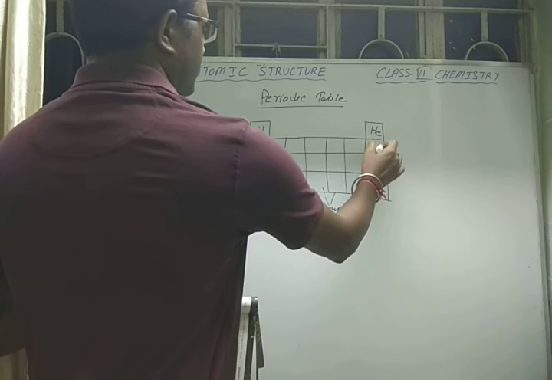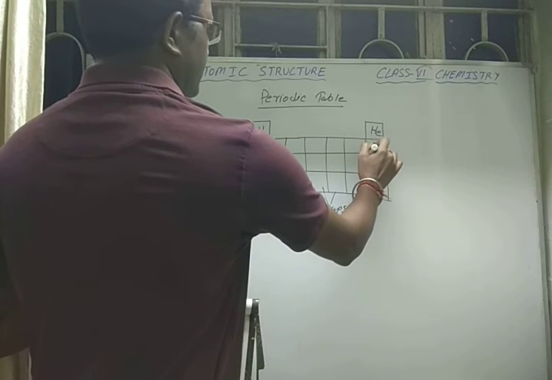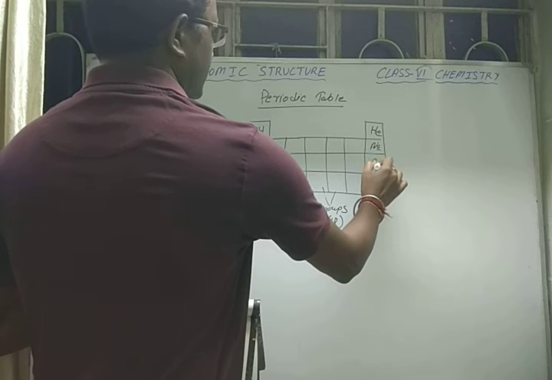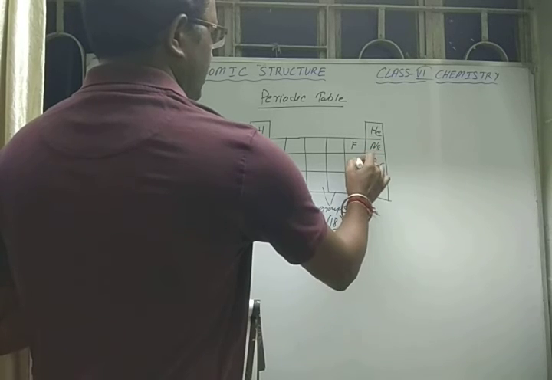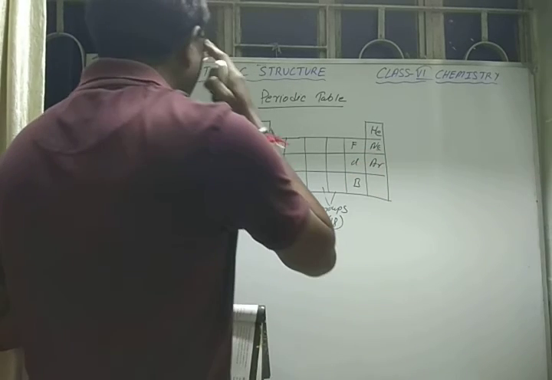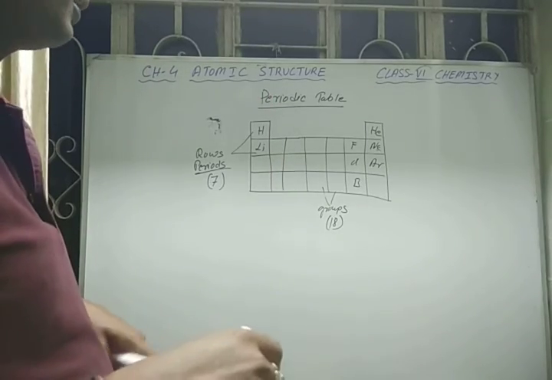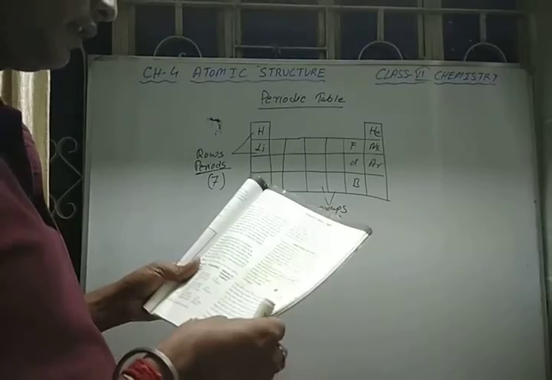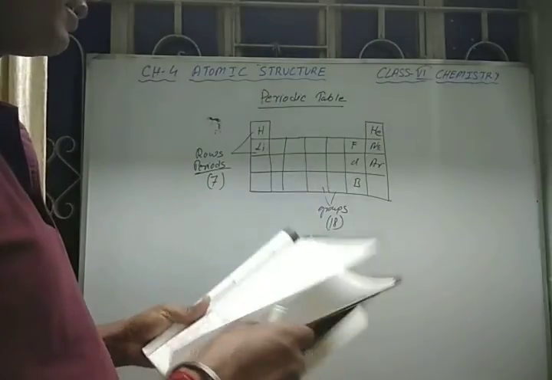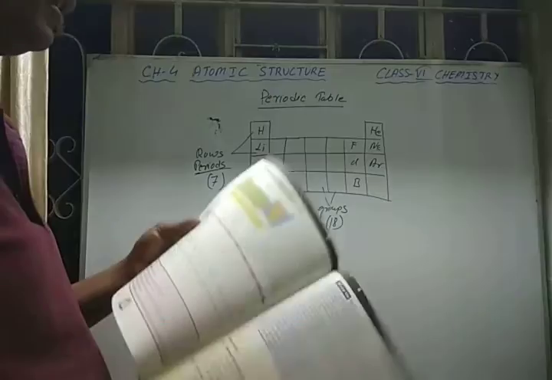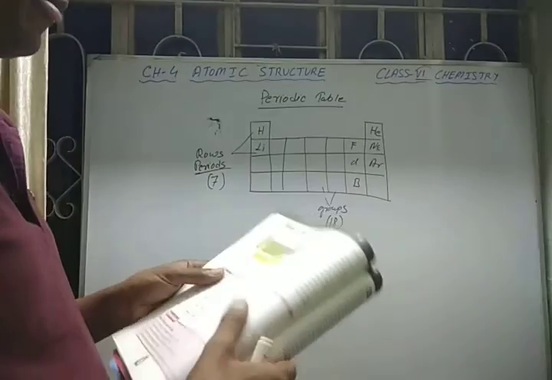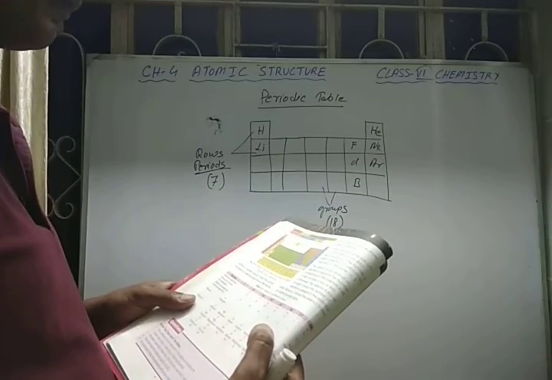Here are neon, argon, and here are fluorine, chlorine, bromine. Like these, elements are arranged in the periodic table. You can find the names of all these elements in the periodic table. You have seen it in your book.